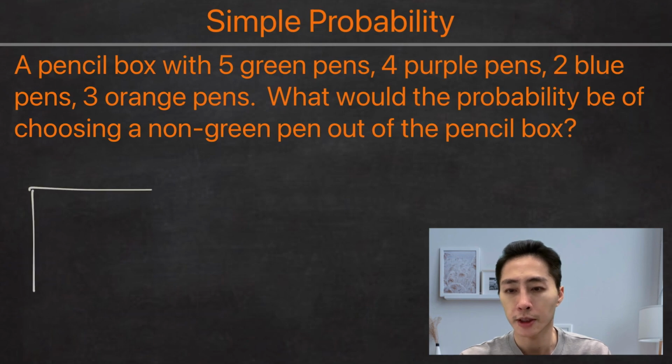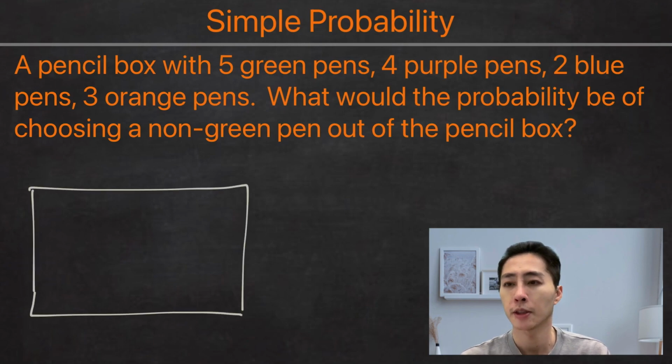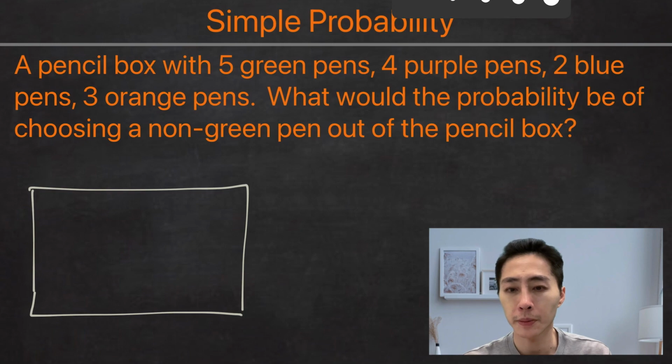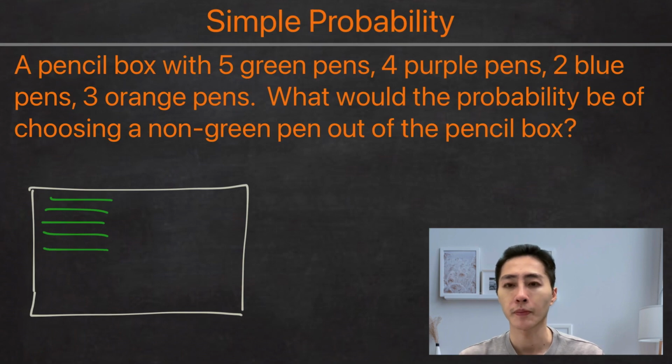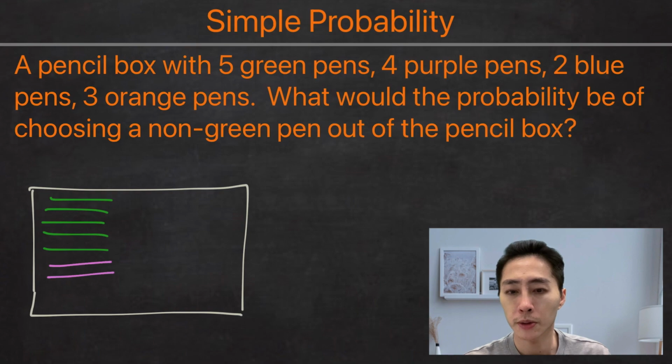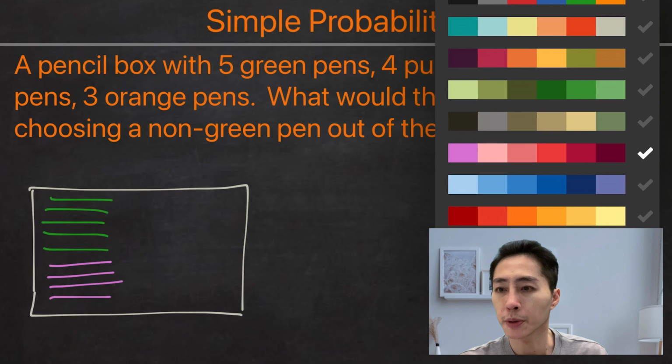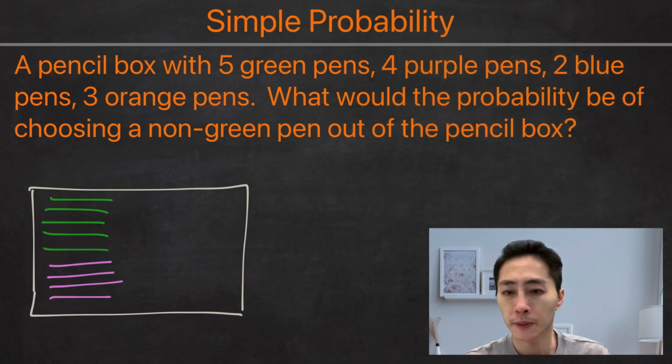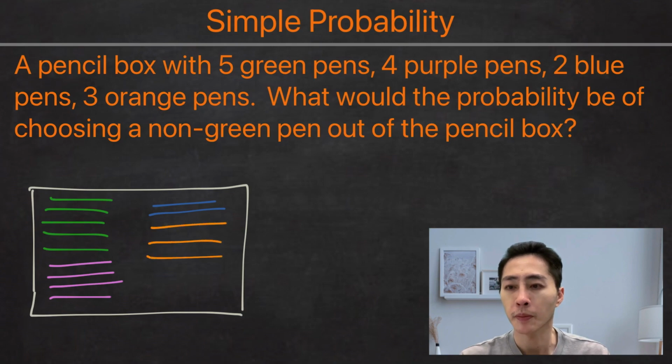So here is a pencil box, and we have 5 green pens, so that's 1, 2, 3, 4, 5. Okay, and 4 purple pens. It's 1, 2, 3, 4. Then we have 2 blue pens. And finally, 3 orange pens.